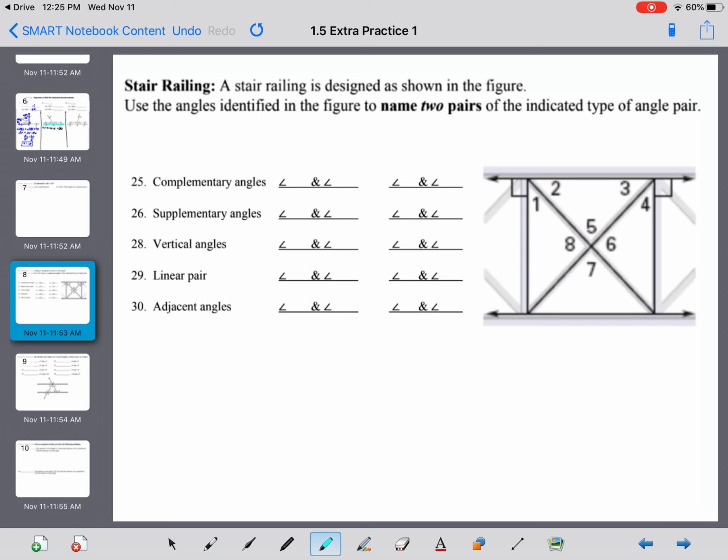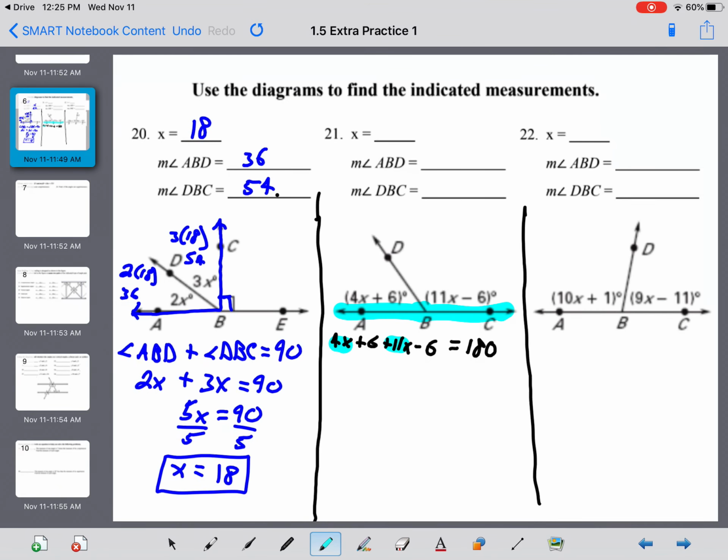Here we have 4x plus 11x, which makes 15x. But then we have a positive 6 and minus 6, which makes 0, so they cancel each other out. So 15x equals 180. If I divide both sides by 15, we get x equals, and 180 divided by 15 in our calculators equals 12.